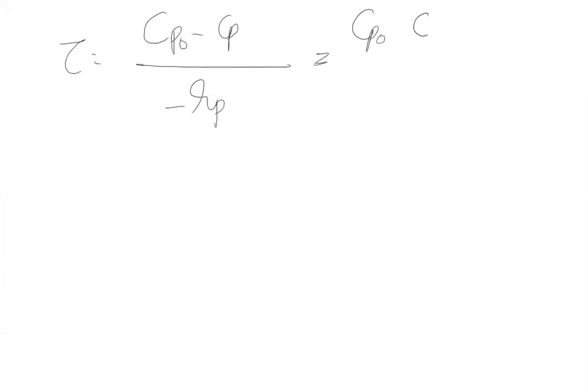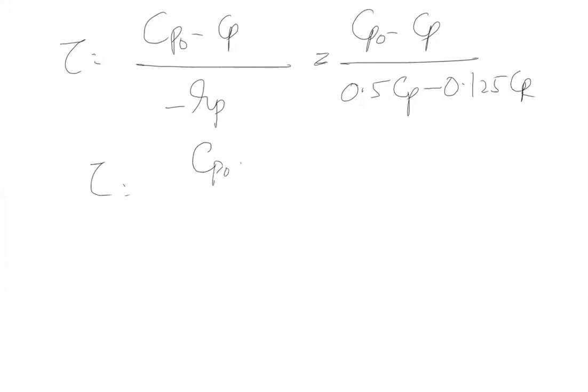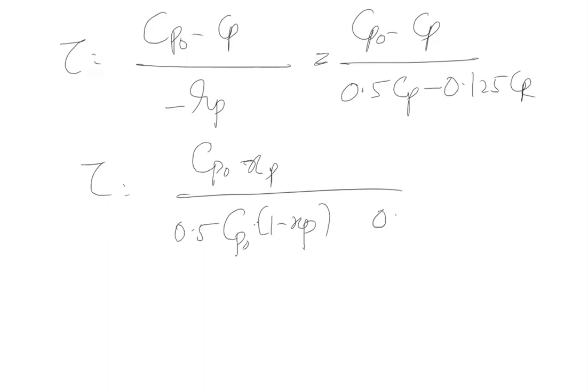Cp naught minus Cp by 0.5 Cp minus 0.125 Cr. Tau is equal to, numerator is Cp naught into Xp. How do you write Cp? Cp naught into 1 minus Xp, minus 0.125 into what is Cr? Cp naught into Xp. Is it right or wrong?